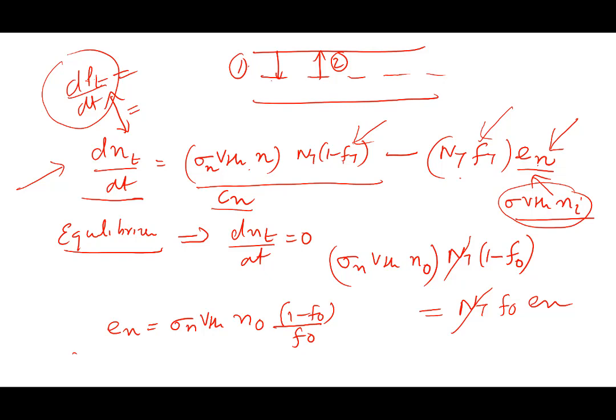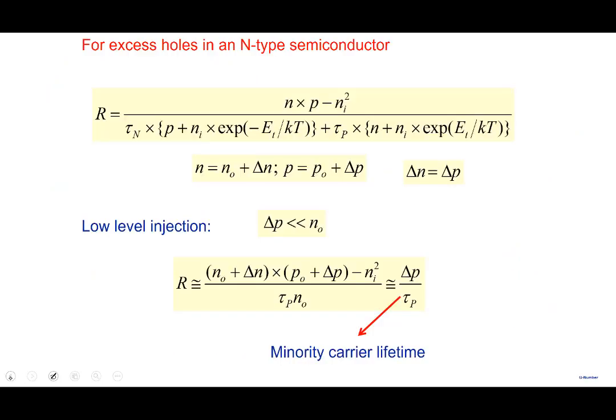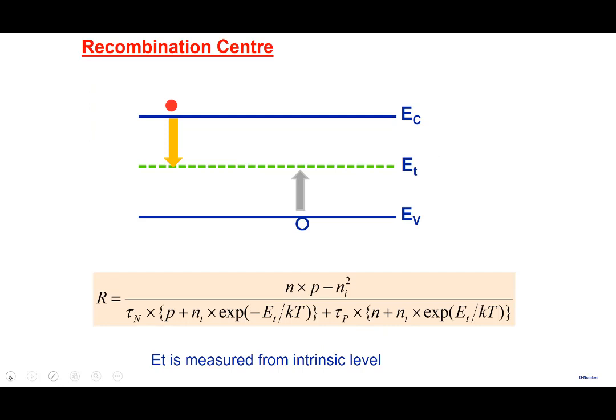In steady state, electrons are getting captured, holes are getting captured, and they're annihilating each other. So you equate the two together, and what you end up getting is an expression like this, the net recombination rate that you see.